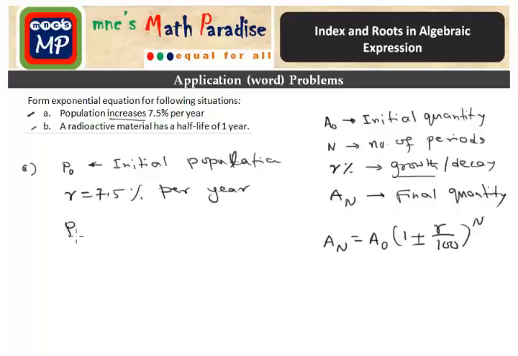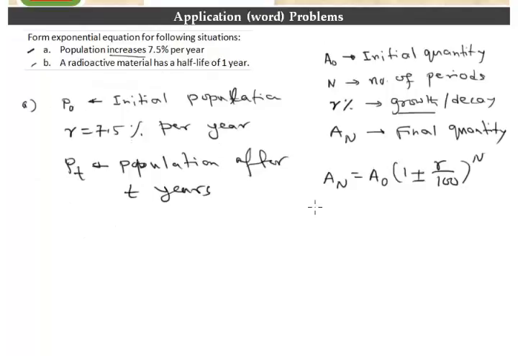If we define Pt as the population after t years, then using this formula we can write the population after t years, Pt, equals the initial population P0 times 1 plus, because it is growth, 7.5 divided by 100, to the power t.